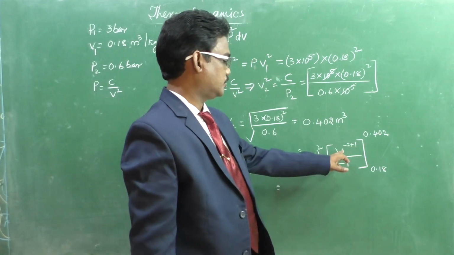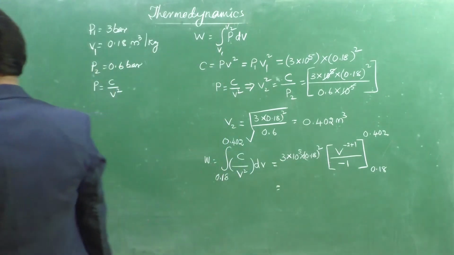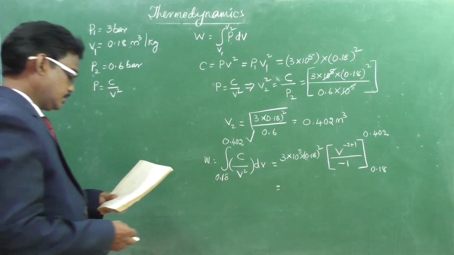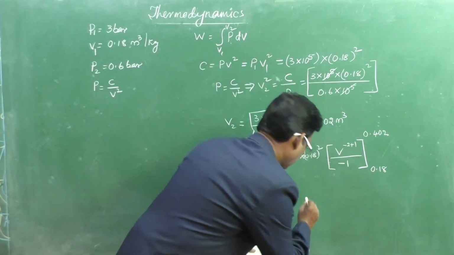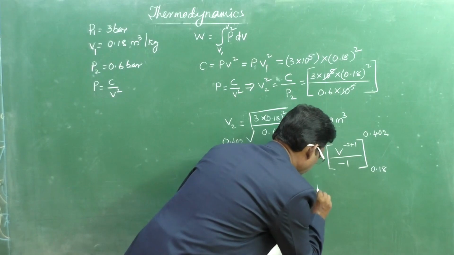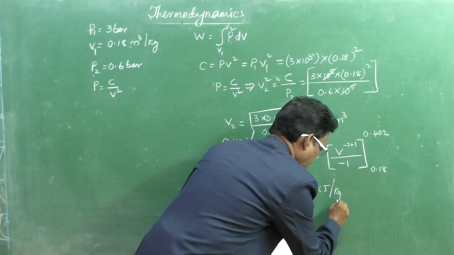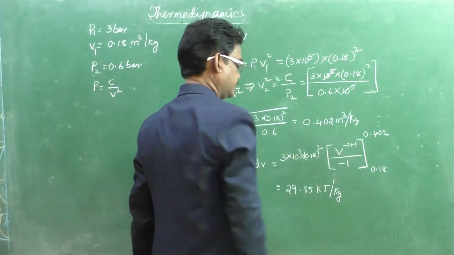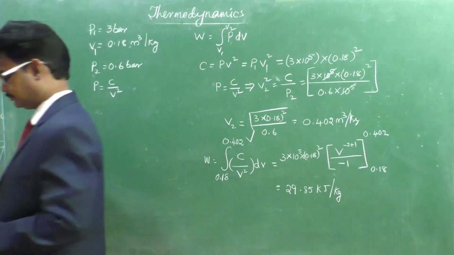Here V to the power of minus 1, here it is minus. Now the final answer will be 29.85 kilojoule per kg. Volume is in kg, here also this is meter cube per kg. Per kg, this is the work done.